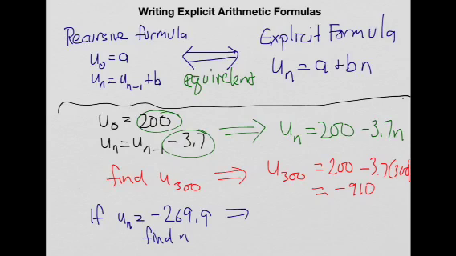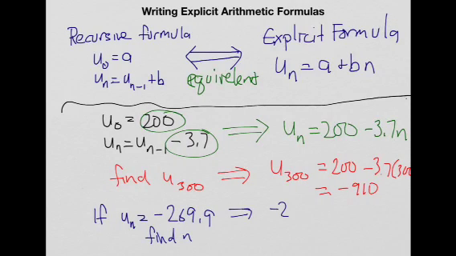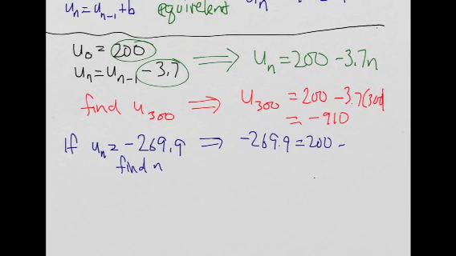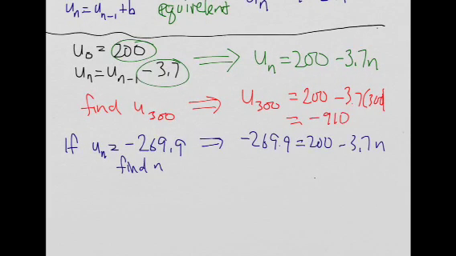But again, with our explicit formula, we know u sub n, so I can type that in: negative 269.9 equals 200 minus 3.7n, and I can solve this problem for n.